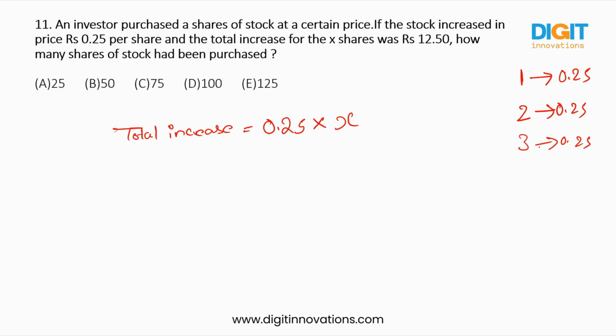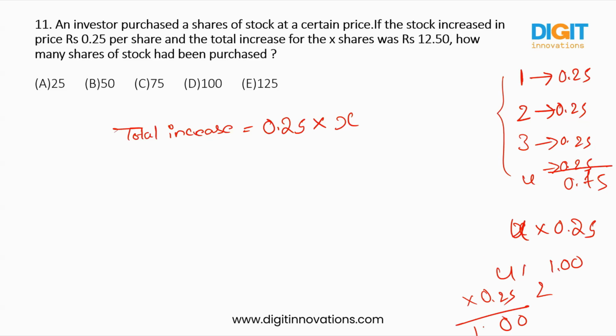In this way, you get 1 as the answer. So try doing this. See, 5 4s are 20, 0, 2 4s are 8, and 10, and 0 is 0, 1. Rather than adding, you can simply multiply, right? So when you multiply X shares with 0.25, then you got the total increase as 12.50.